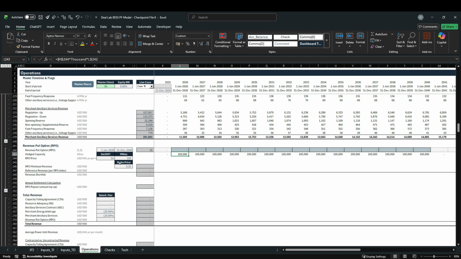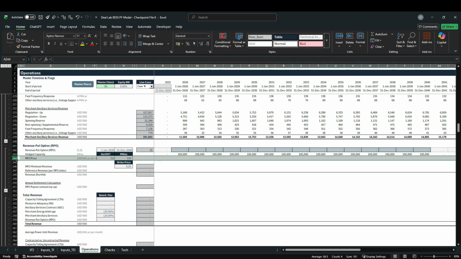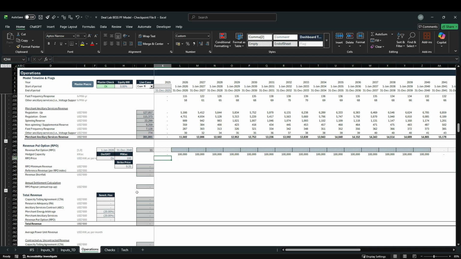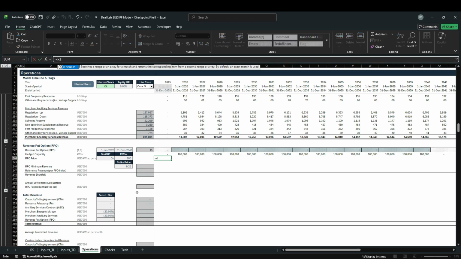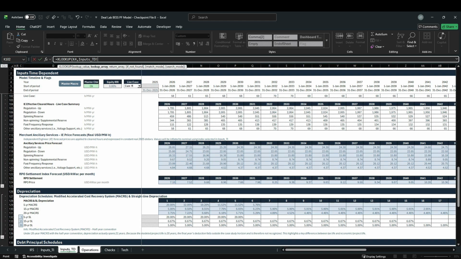Then the next thing we will have to pull in is our RPO price. And that is actually the reference to our settlement index estimate from our inputs time dependent sheet. So we will look this up with an XLOOKUP again. Type XLOOKUP. We will look up our calendar year in K4, comma, go to the lookup array, which we have right here in row 123.